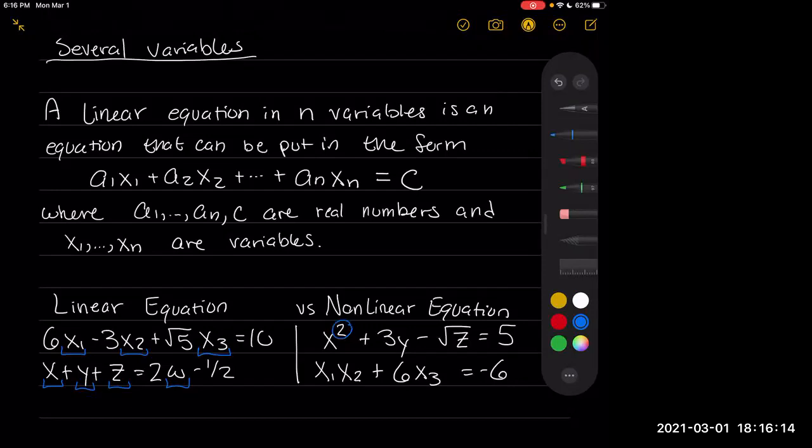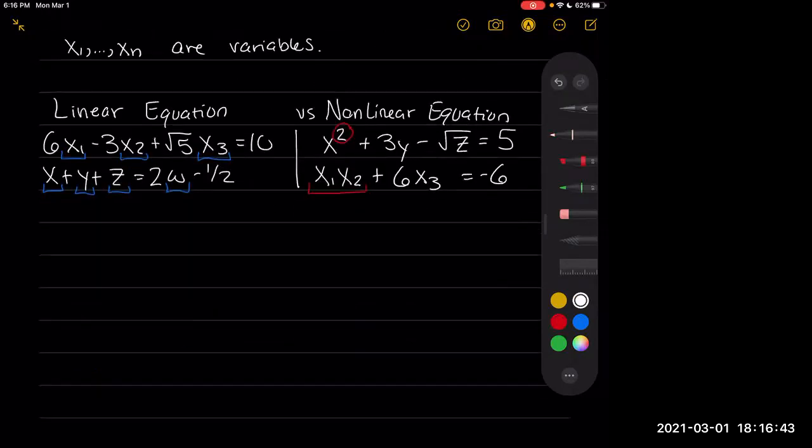So this makes it not linear. Actually, I'm going to make these red to make them different. And then the second equation, we have an x1 times x2. So that makes them very difficult to separate or do anything with. Because we could just add or subtract on the left side. On the right side, we'd have to divide things out, which is a lot different when you're using a variable.